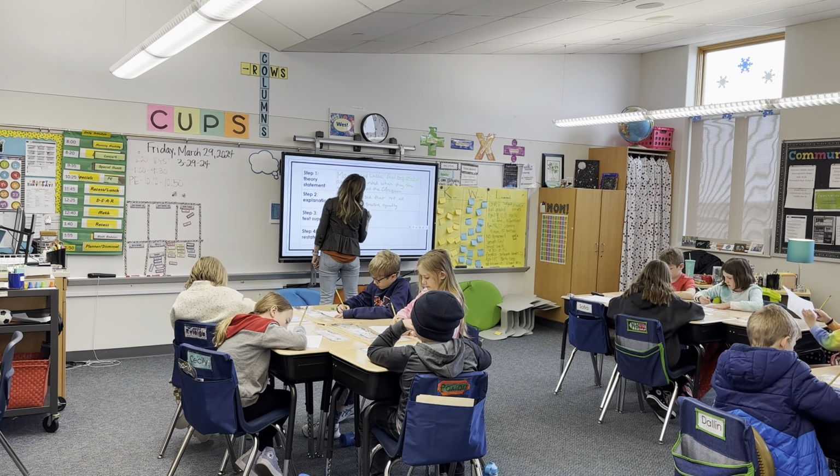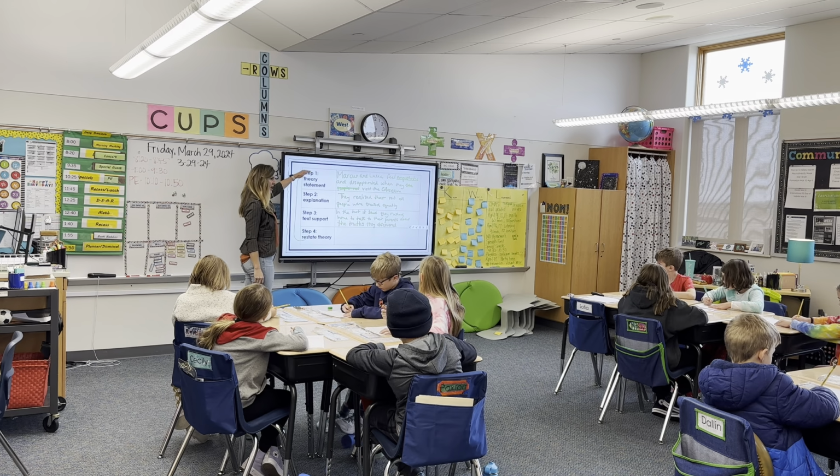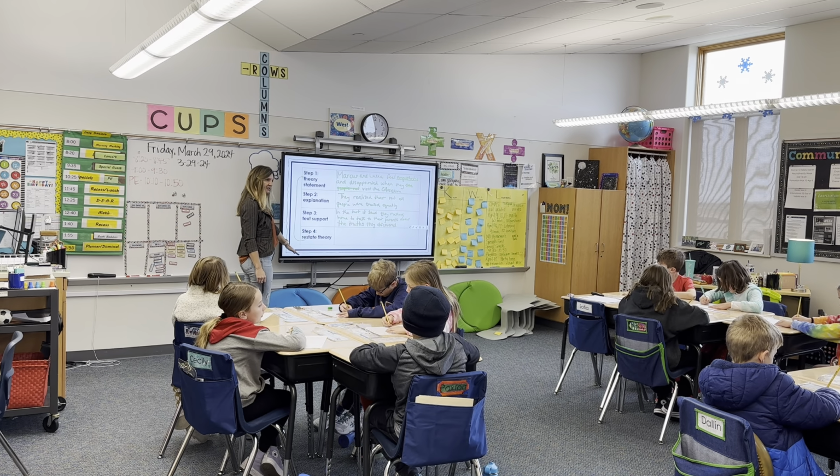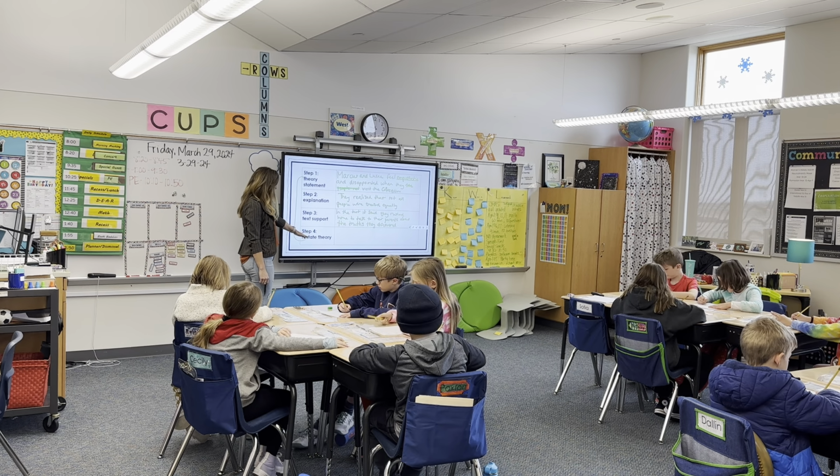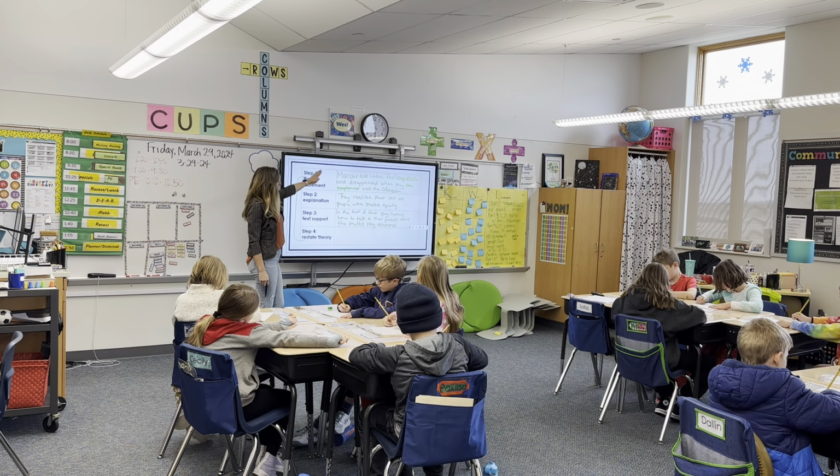Okay, so now what's my last step? I'm going to restate my theory. It's kind of like a paragraph has a topic sentence and a conclusion sentence. That's exactly what I'm doing, right? I'm just writing a paragraph. So this is basically my conclusion sentence. And I'm going to restate this in a different way.